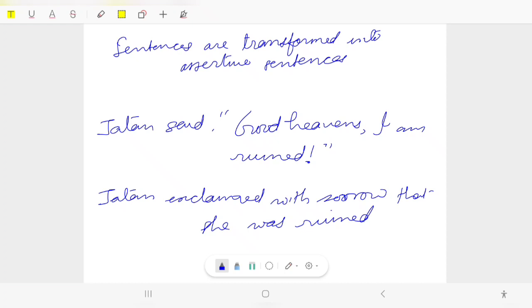They express sudden, strong feeling. It may be surprise, hate, anger, sadness. These feelings are expressed by some sentences. So how do we change those sentences?